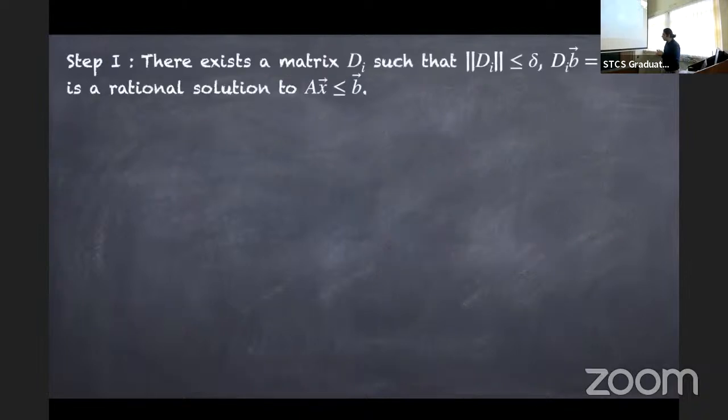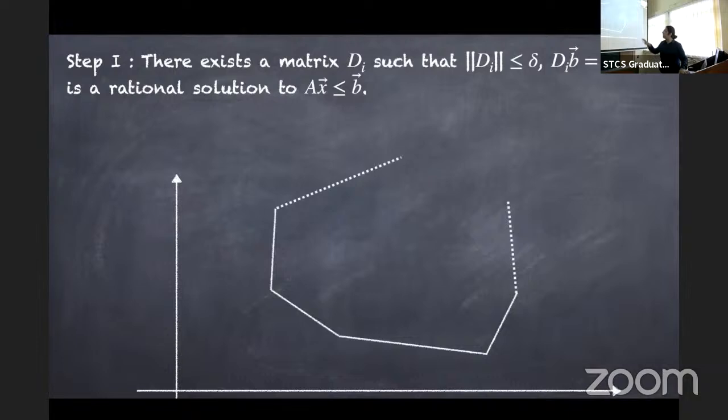So I'll not prove the small model property again formally. I'll just give an overview, and the overview is quite abstract. As I said, the solution that you are looking for is the polyhedron. Now, for a given B, the first step is to show that there exists a matrix Di such that Di is within this delta bound, and Di of B is equal to Ri, where Ri is a solution to this.